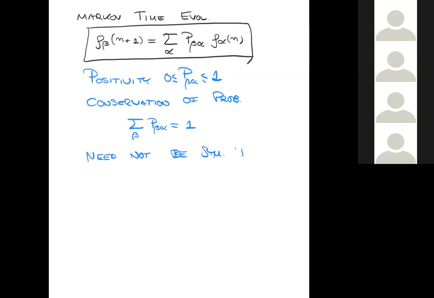And note that these probabilities need not be symmetric. So it's not the case that P beta alpha is the same as P alpha beta. The reason we don't expect that to be symmetric is because what we would like an algorithm like Metropolis to do is explore the partition function of the system. But the partition function of the system ultimately corresponds to thermal equilibrium.